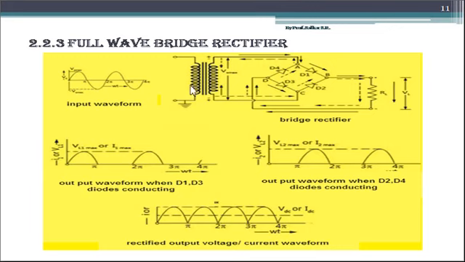When the negative half cycle comes across the secondary of the transformer, this point becomes negative with respect to this, and then the dotted path starts to travel.